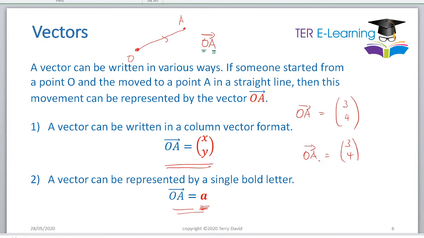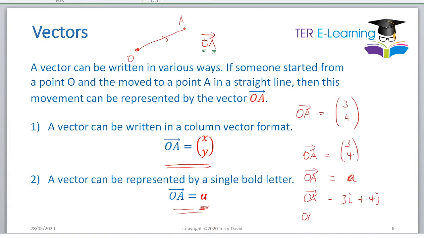I'll tell you what these numbers mean in a sec. Or I can say the vector OA is represented by an e that looks like this. Those of you doing add maths might see a vector represented by something like 3i plus 4j. That's another way of representing the vector.